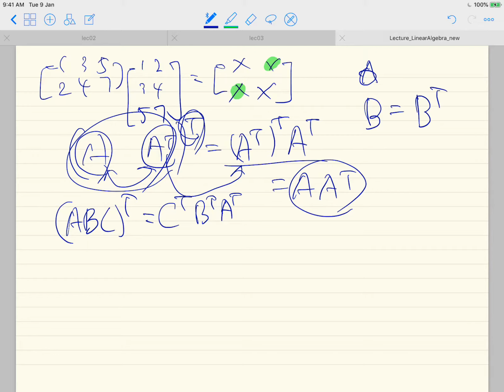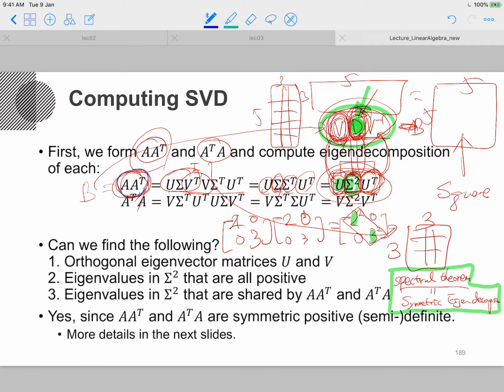Even the shape doesn't match, right, to make this equation true. Okay, so if we are given a symmetric matrix, the spectral theorem is saying that this symmetric matrix will always have eigen decomposition. Okay, eigen decomposition.